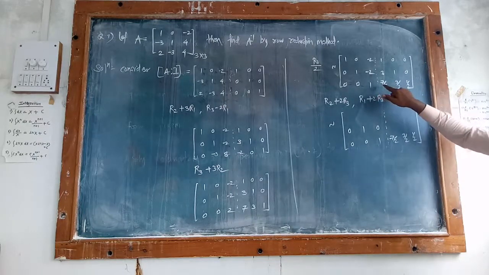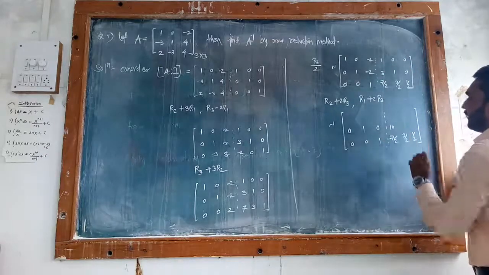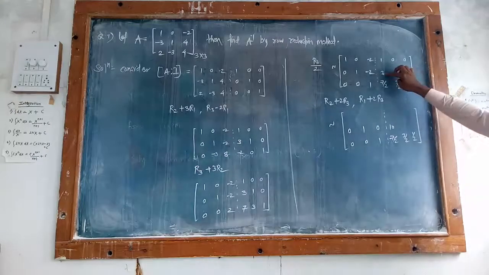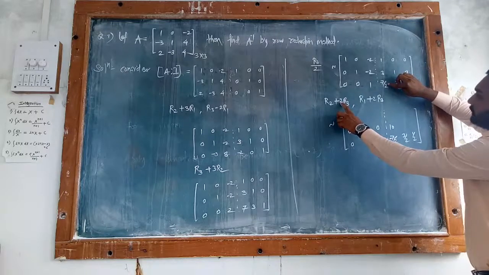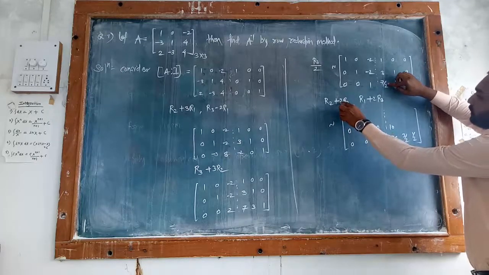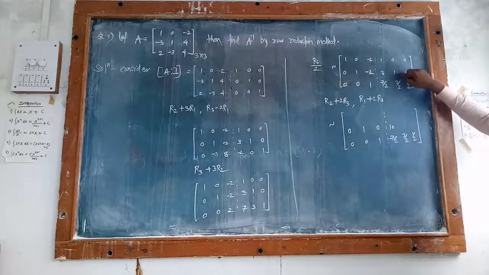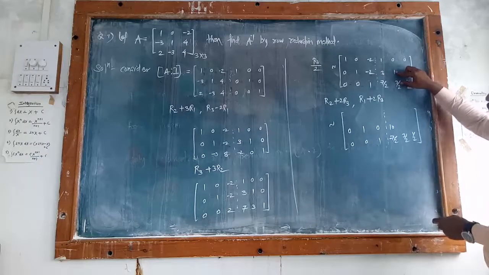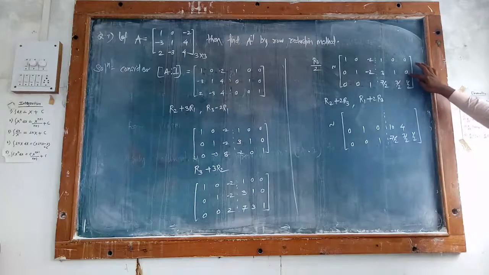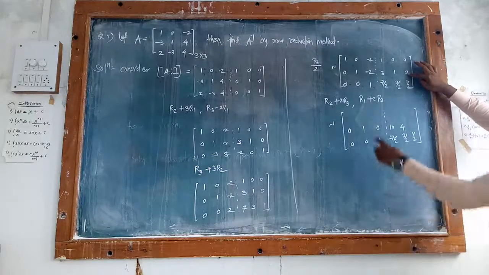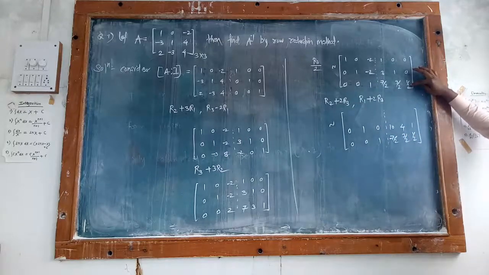This 2 cancels, remaining 7, and 3 plus 7 becomes 10. Again, R2 is 1 plus 2 times R3, the 2s cancel, 1 plus 3 is 4. Again R2 is 0 plus 2 times R3, the 2s cancel, remaining only 1, so 0 plus 1 is 1.